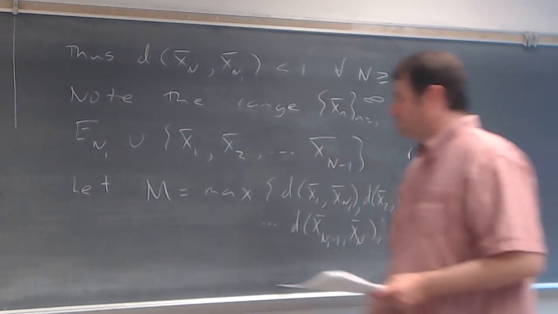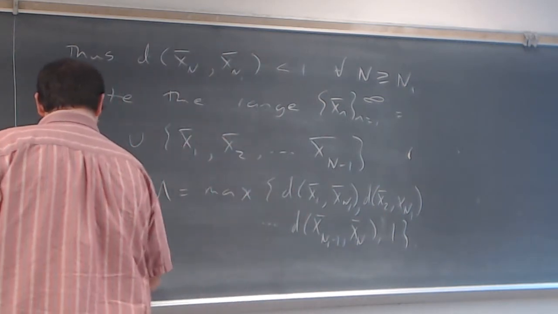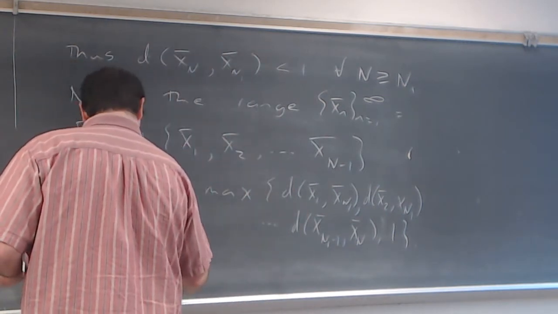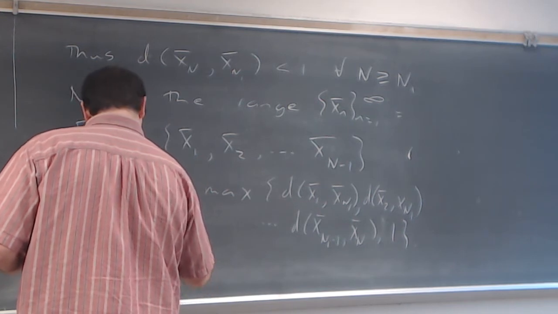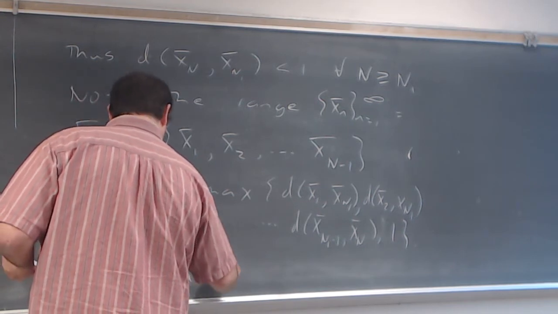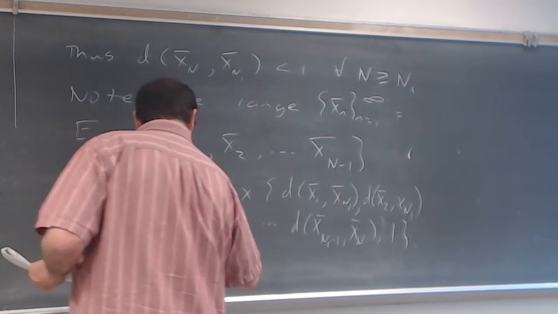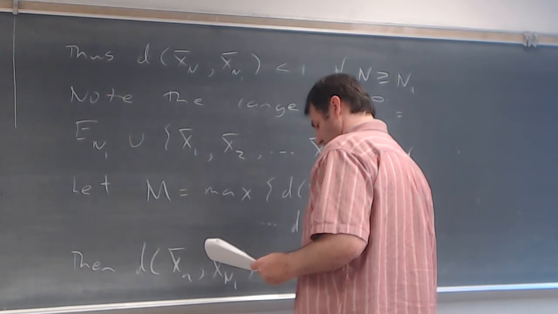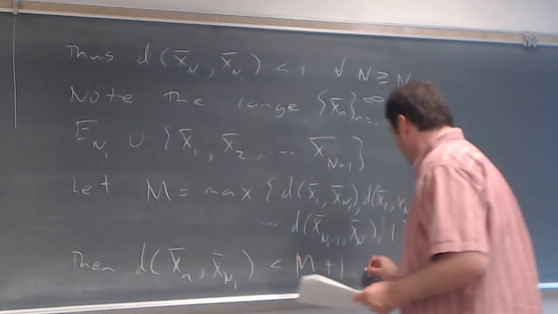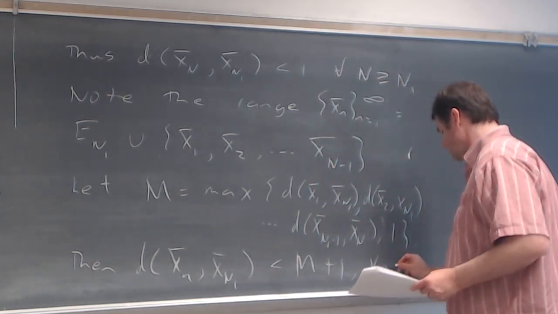Then this is going to force the distance between x sub n and x sub big N sub 1 to be less than m plus 1, if you will, for all n.